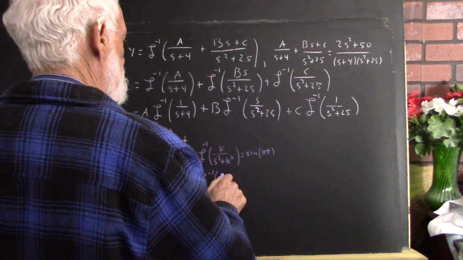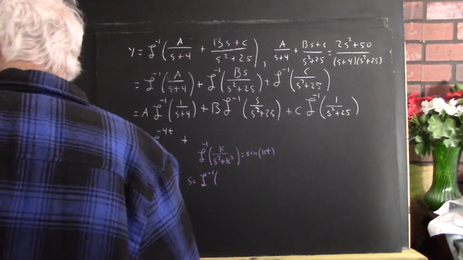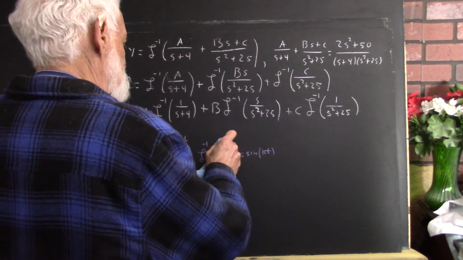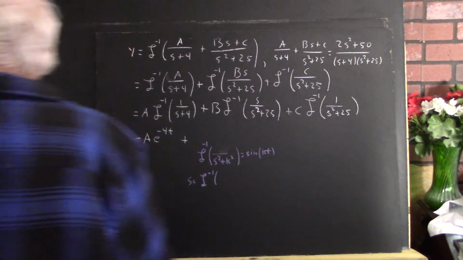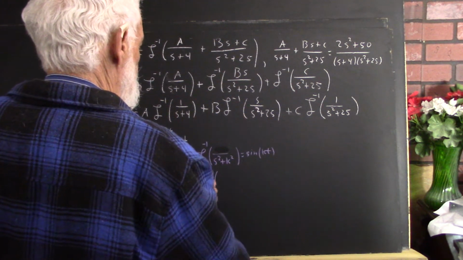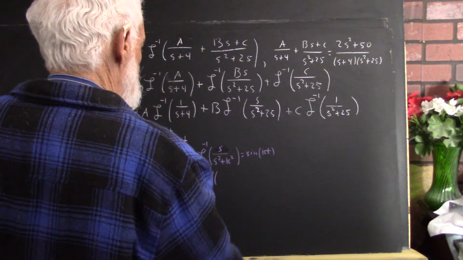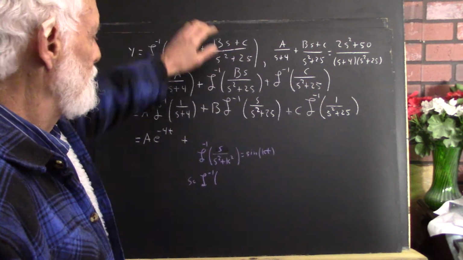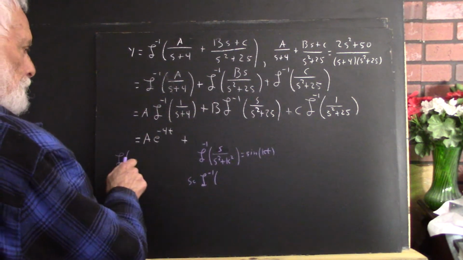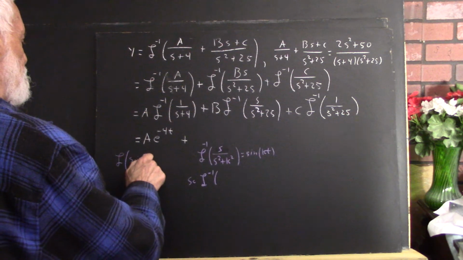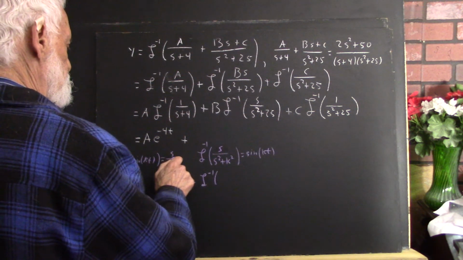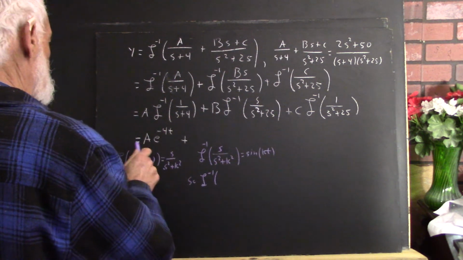And the Laplace transform of the cosine of kt is s over s squared plus k squared.